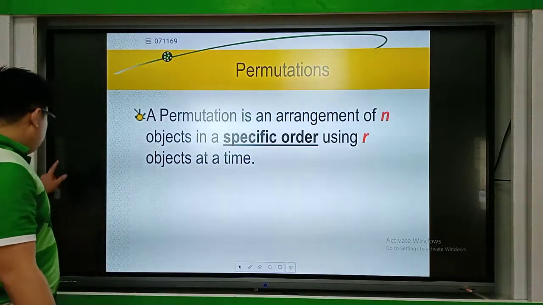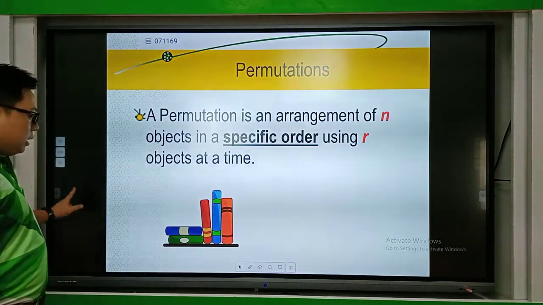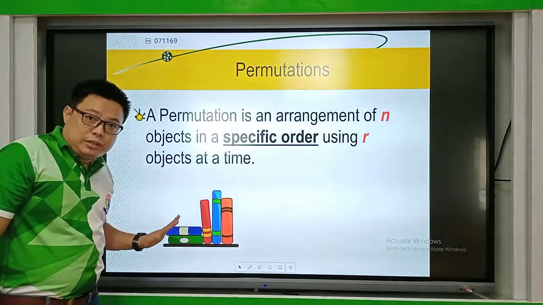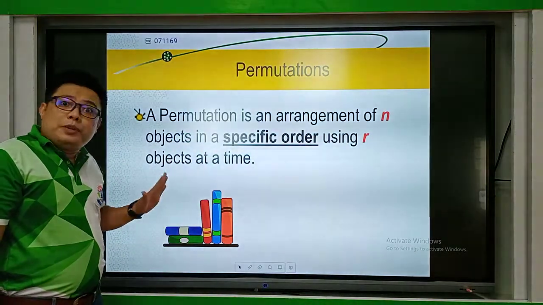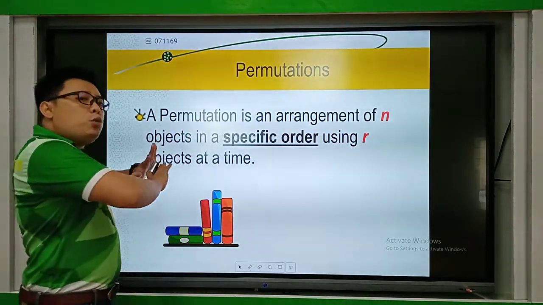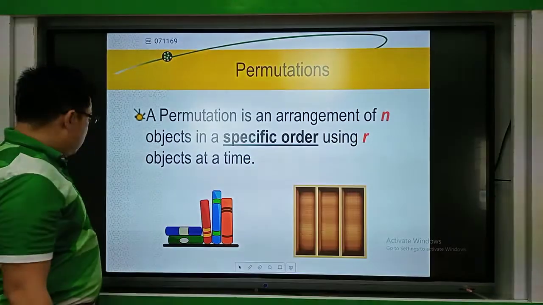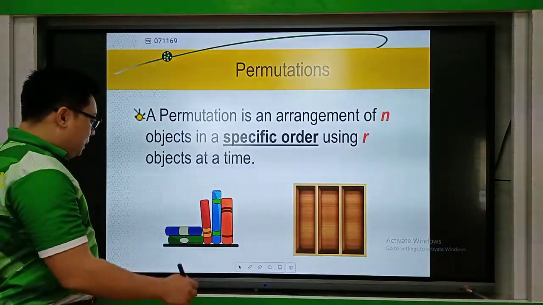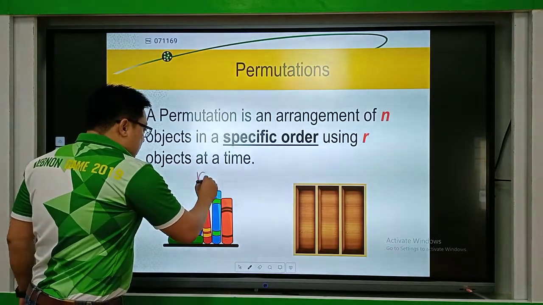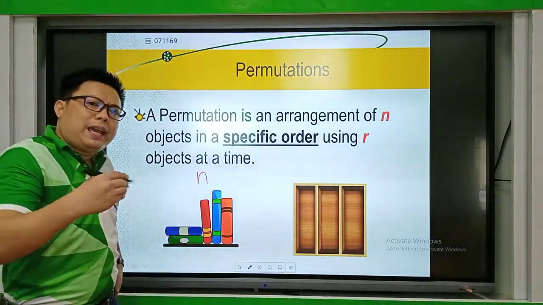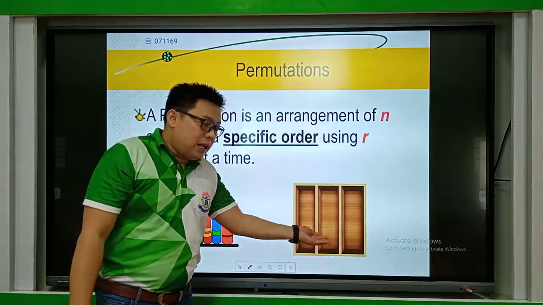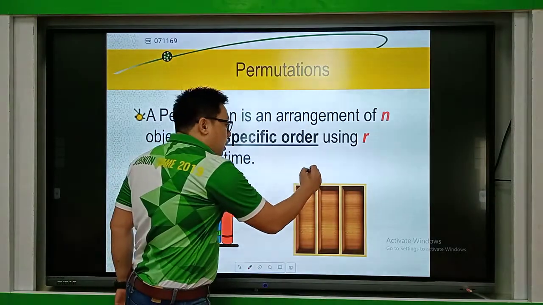In this case, n is the total number of possible objects to choose from. I have 5 books. That's the total number, so this will be my n. Since I can only choose 3 at a time, because I only have 3 slots, this will be your r.